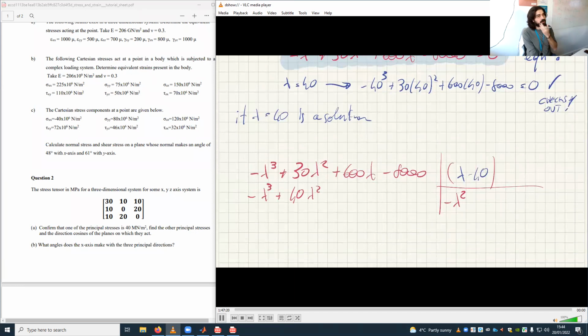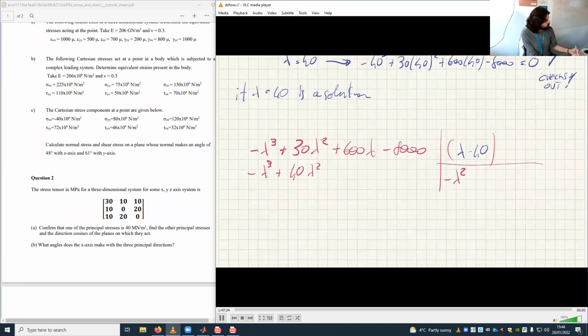So this times this gives me this. Now, do you remember how you did the division in elementary school? What do you do now? You subtract this one from this one. So this minus this gives you 0, and this goes away. And 30 minus 40 is minus 10 lambda squared plus 600 lambda minus 8,000.